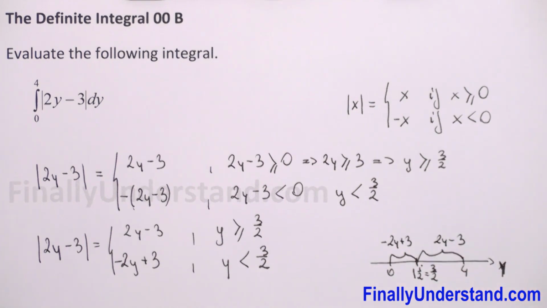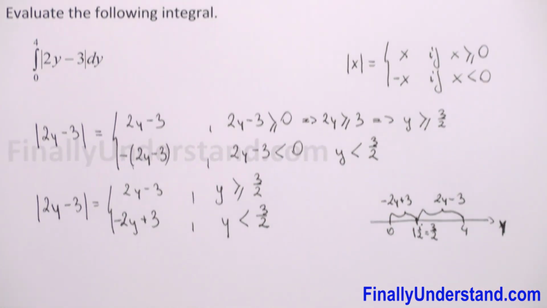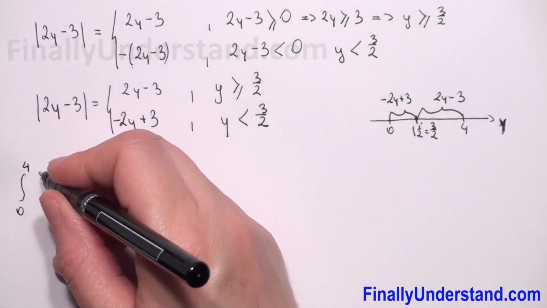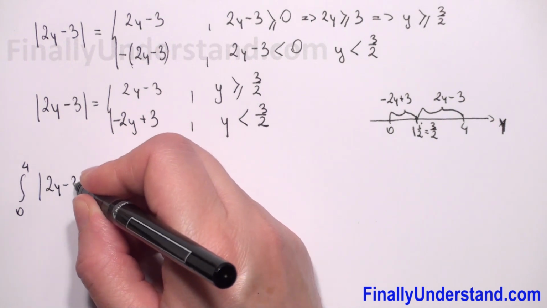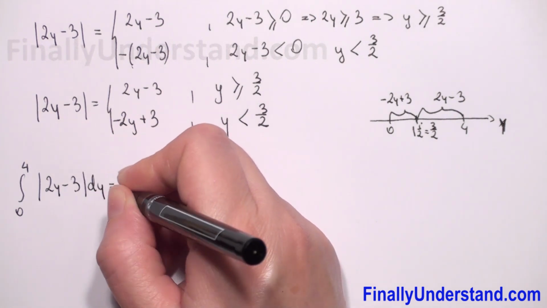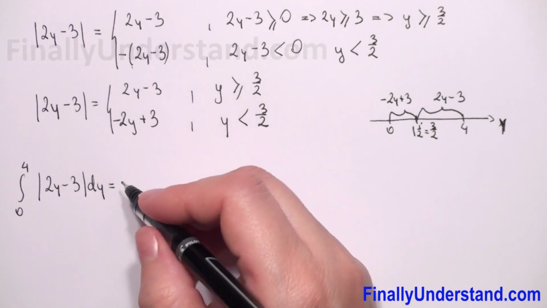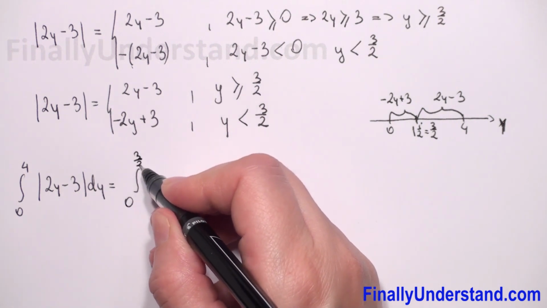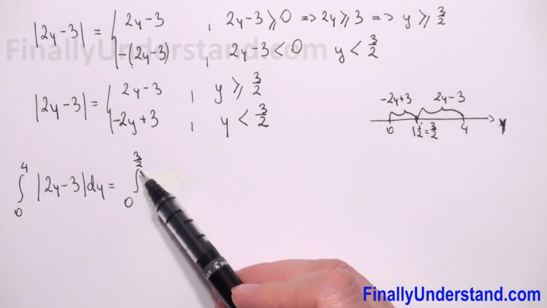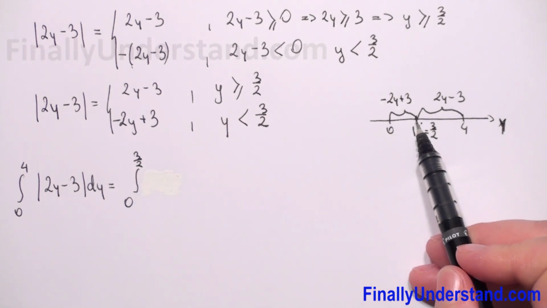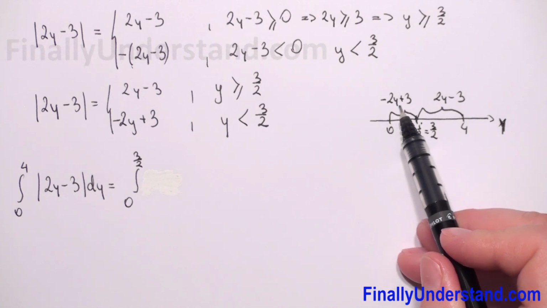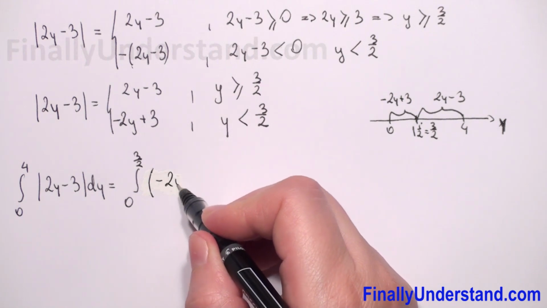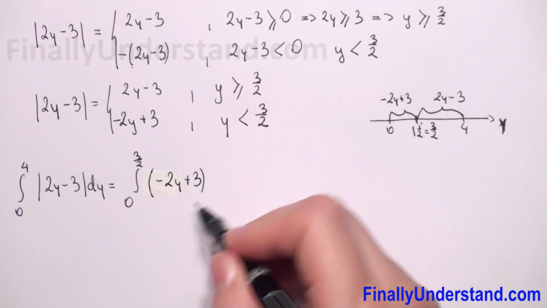So now we can rewrite our definite integral from 0 to 4 of the absolute value of 2y minus 3 dy. This is equal to the sum of integrals. For the interval from 0 to 3 over 2, we have, let me put this in parentheses, negative 2y plus 3.